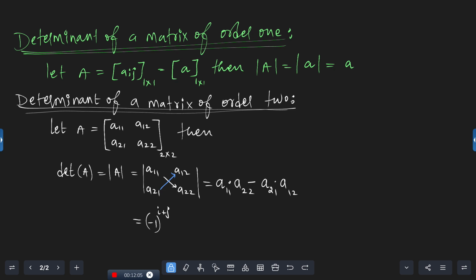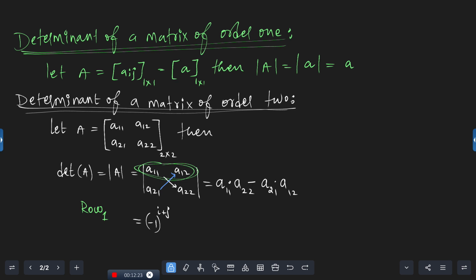If I am going row wise, I use row 1 for the determinant. With the help of these two elements we can complete the determinant.